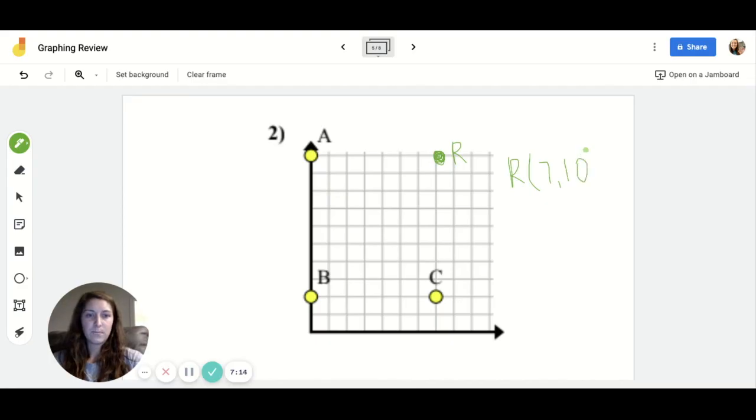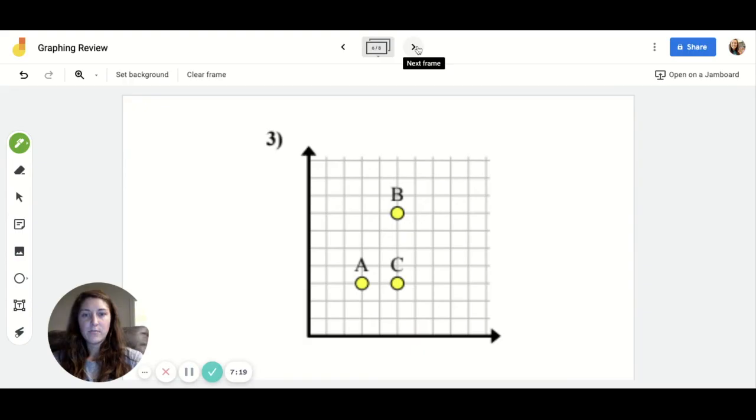All right, last one, try this one on your own here. So the point would be here, and that would be 1, 2, 3, then up 1, 2, 3, 4, 5, 6, 7. We'll say point S, and point S would be 3, 7.